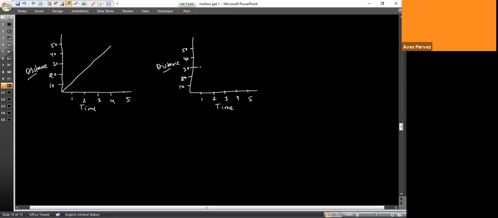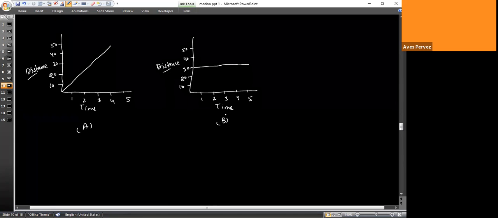Just use your mind and think which graph is showing the uniform motion, graph A or graph B. Don't be stressed, just think easily: what information are you getting from graph A and from graph B?